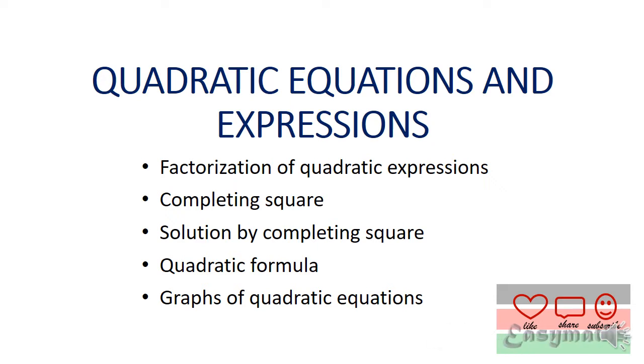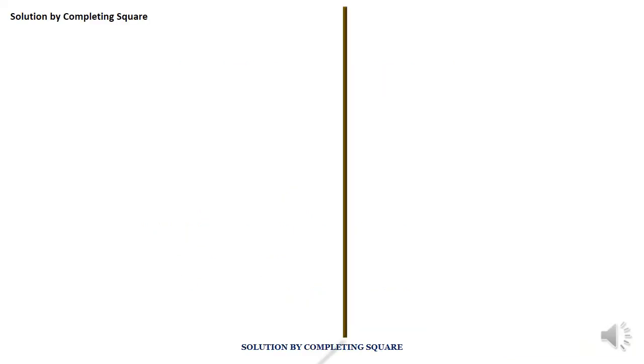Let's focus now on the solution by completing the square. As we begin this part, the first thing: solution by completing the square normally involves completing a square of two terms before the equal sign of a quadratic equation.